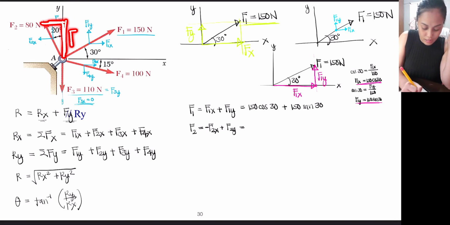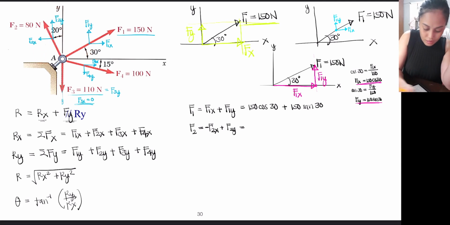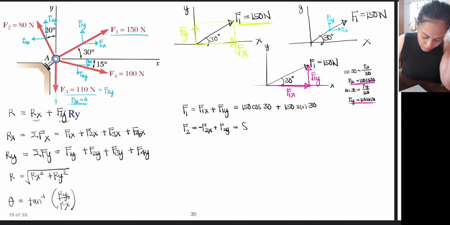So, F2x, opposite side, that value is negative 80 sine of 20 degrees.